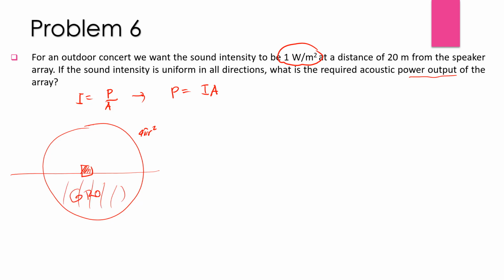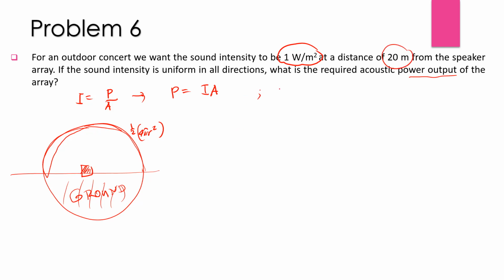We assume that none of the acoustic power is directed into the ground. So therefore, the area that we're going to find is only this one. So the area of a hemisphere is just equal to 1/2 of 4 pi r square, where r is equal to 20 meters.